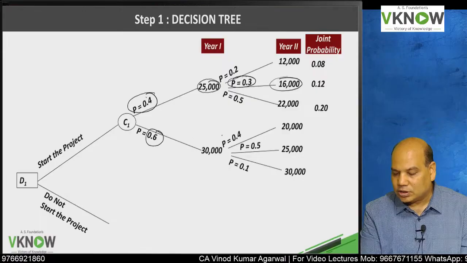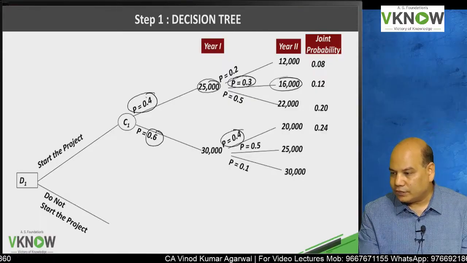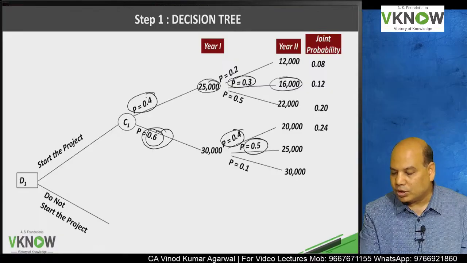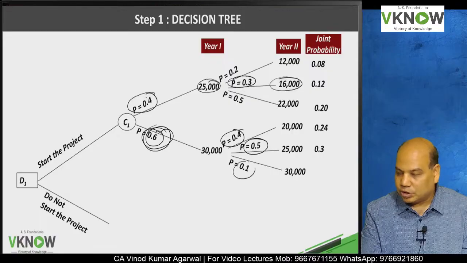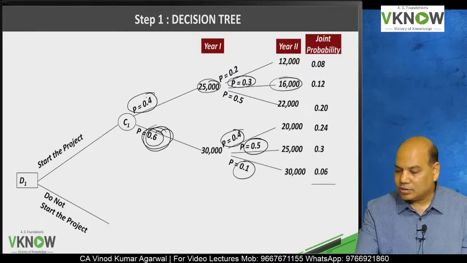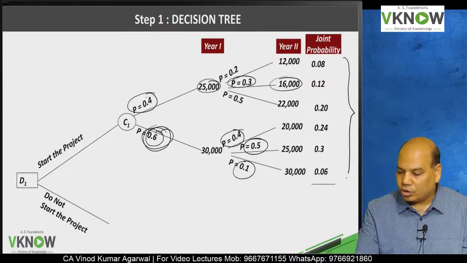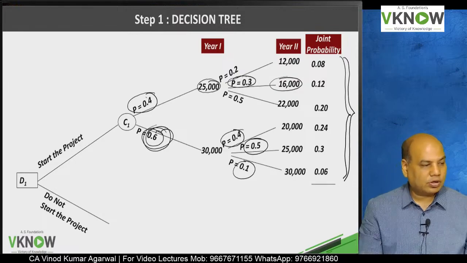Then 0.6 into 0.4, 0.24. 0.6 into 0.5, 0.3. Very good. 0.6 into 0.1, 0.06. For a cross check, the total of all the probabilities should be equal to 1. Just cross check.